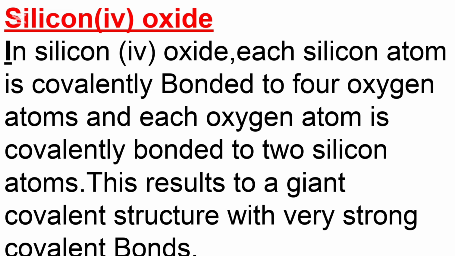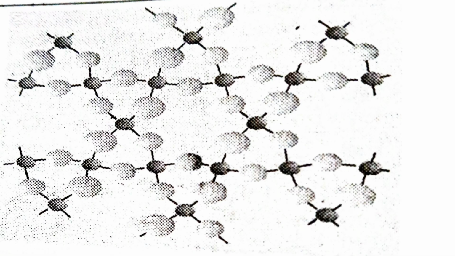This results in a giant covalent structure with very strong covalent bonds. The diagram shown is the structure of silicon 4 oxide. You can see the oxygen atoms and the silicon atoms surrounding each other, forming a giant atomic or covalent structure.